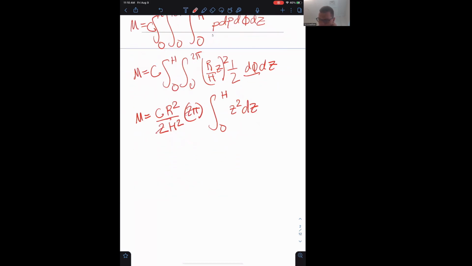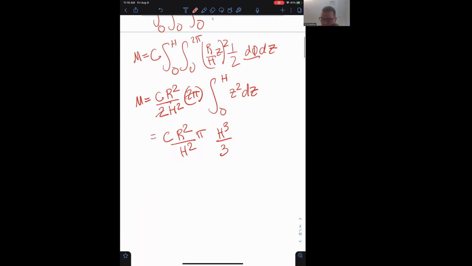So we have C r squared over h squared times pi, and this is going to give us z cubed divided by 3. So that's equal to m.